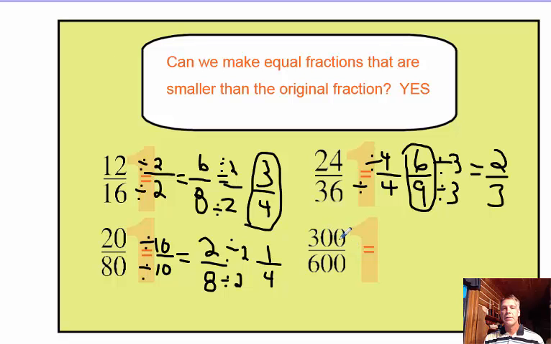Okay. There's a shortcut I want to show you. If you look and I have zeros on the end, if I have 2 here and 2 here, it's kind of like dividing top and bottom by 100. So what is that shortcut? Well, if I divide both by 100, the quickest way is just to cross out the zeros.